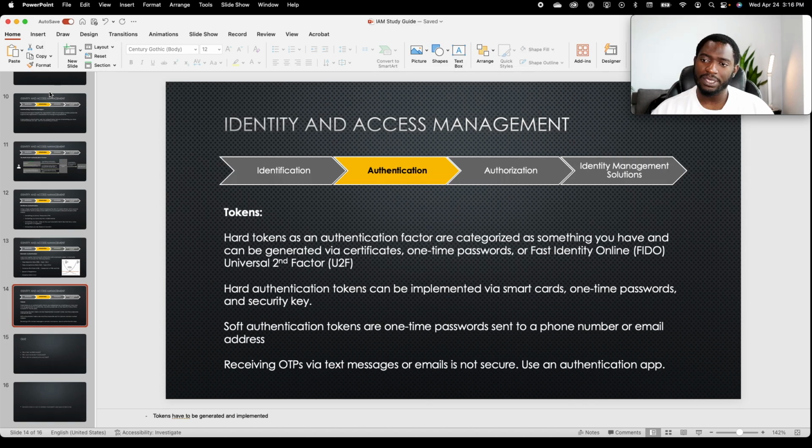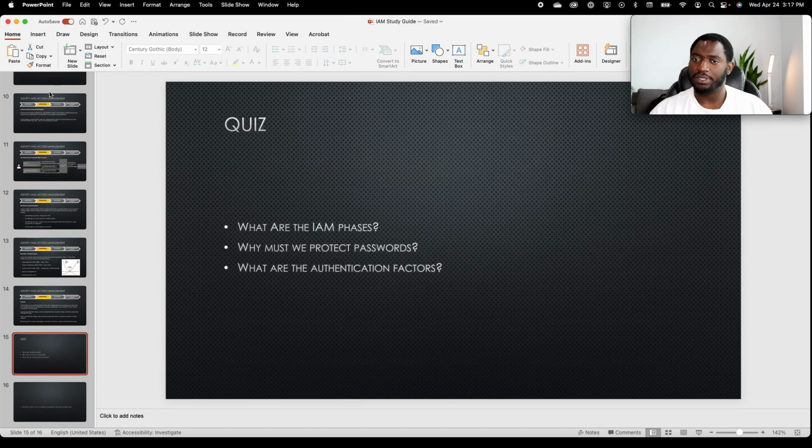And soft tokens are one-time passwords that can be sent to your phone number or email address. One of the key differences here is that the soft token is a little bit less secure than the hard tokens. So that concludes our conversation for today.